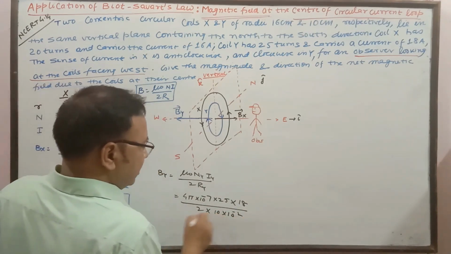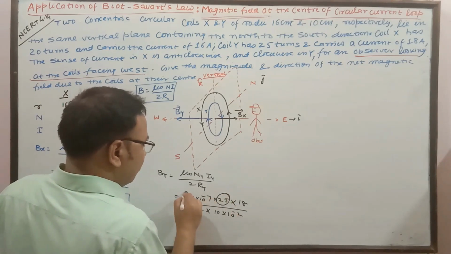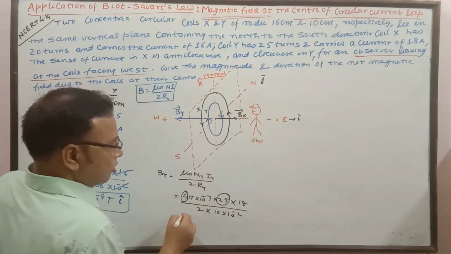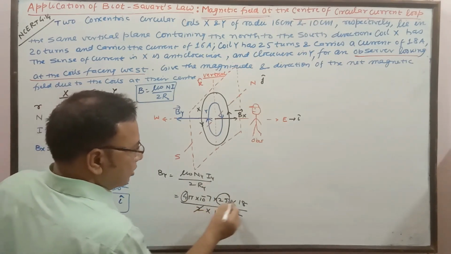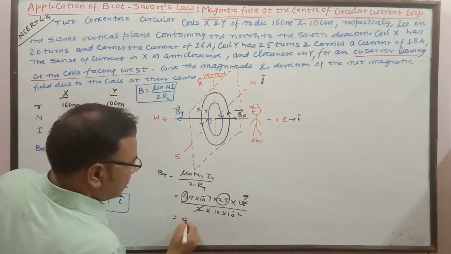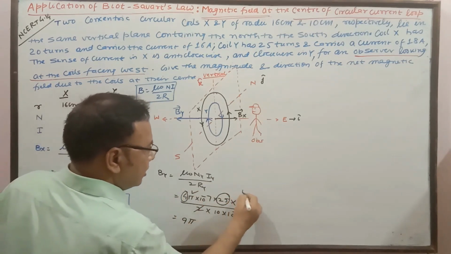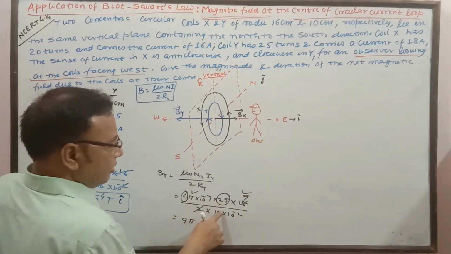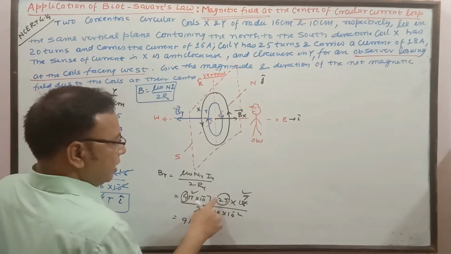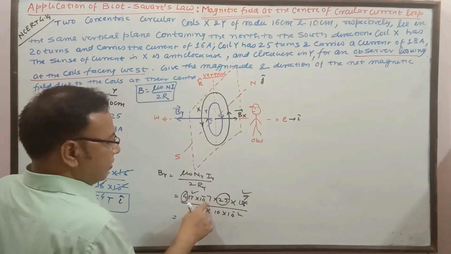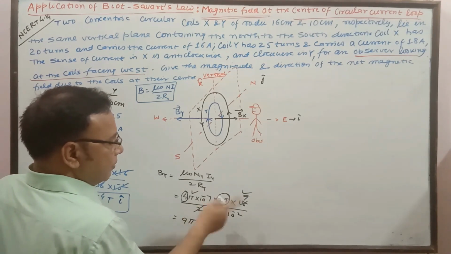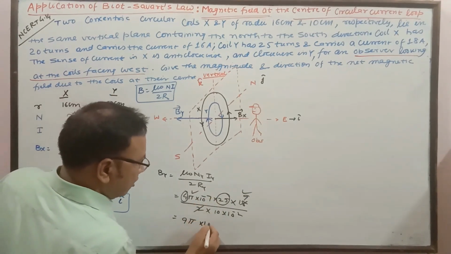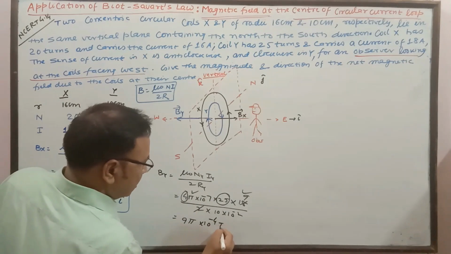So 25 into 4 is 100, so 10 to the power 2. Finally 2 nines are 18, so this is 9 pi. So 25 fours are 100, 10 to the power 2 and 10 to the power minus 7 gives 10 to the power minus 5, and here up to 10 to the power 1. So that is 9 pi into 10 to the power minus 4 Tesla.